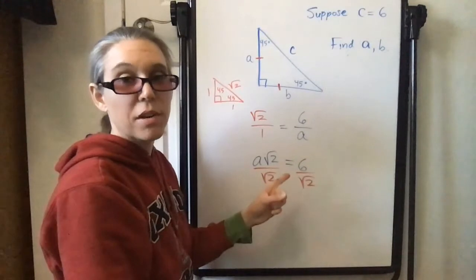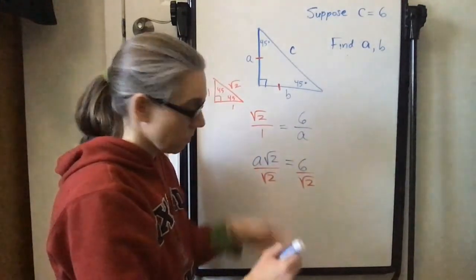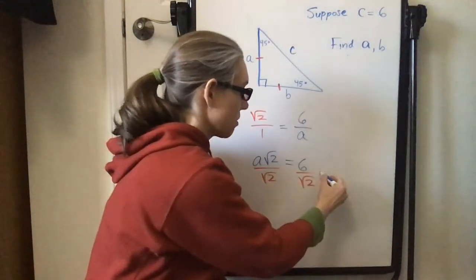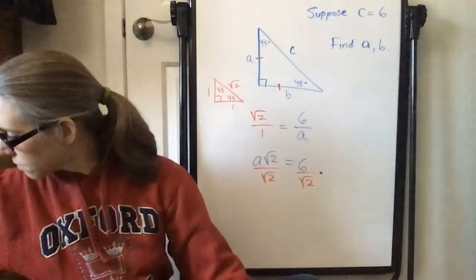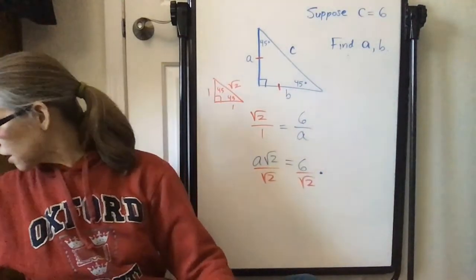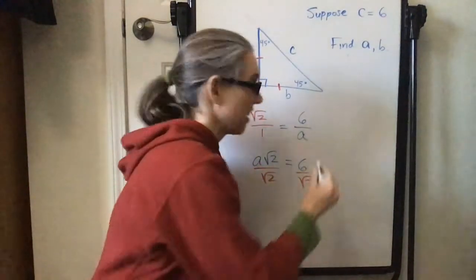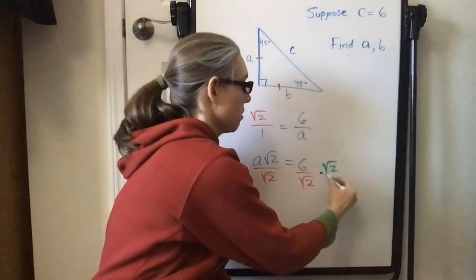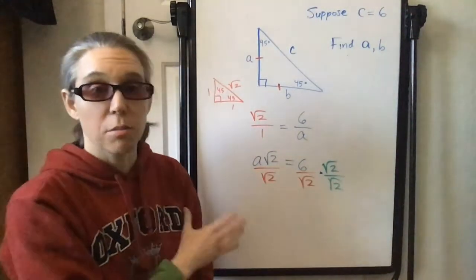You cannot leave your final answer as 6 divided by the square root of 2. Instead, you would need to rationalize the denominator. To rationalize this denominator, multiply, let me get another color here, green, by square root of 2 over the square root of 2. Remember, you can multiply by a form of 1.